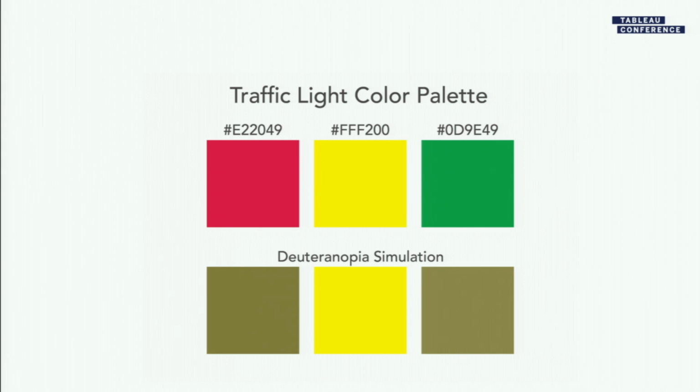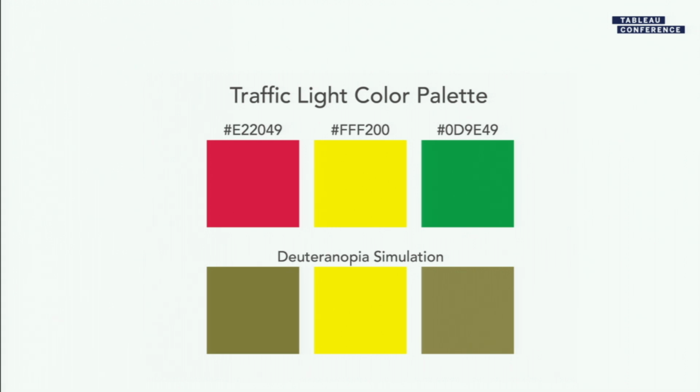But why do we want to avoid this? The reason is because when you use the whole combination of the traffic light colors, it may sometimes trigger irrelevant or unnecessary emotions to certain people. And also at the same time, which is a more important reason, this combination is not colorblind friendly. If you look at the combination at the bottom, it's actually what they see.